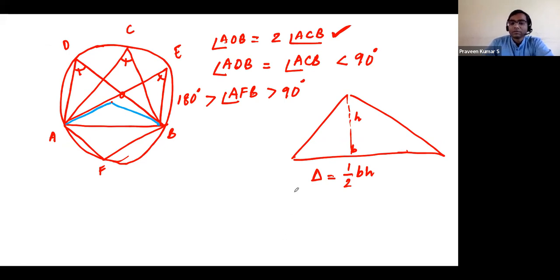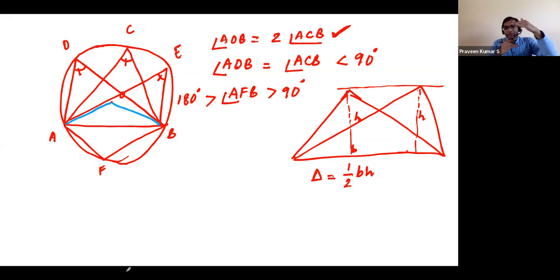Now, if I draw another triangle here, and let's say that they both fall under the same parallel lines, what will the height be? Height will remain the same, no?